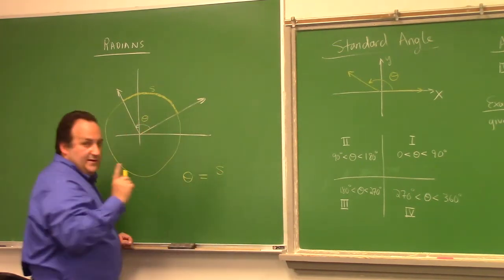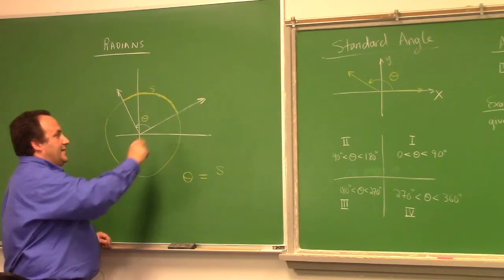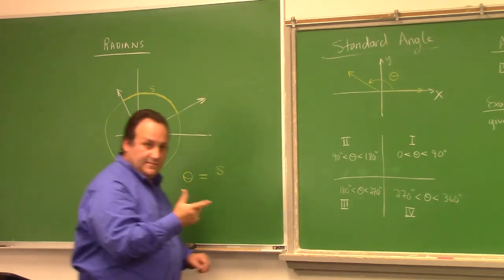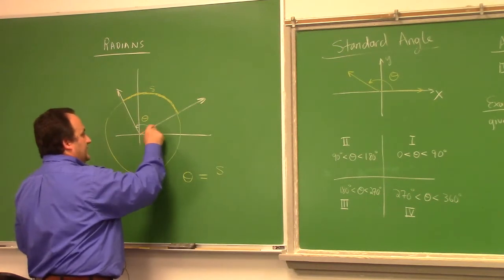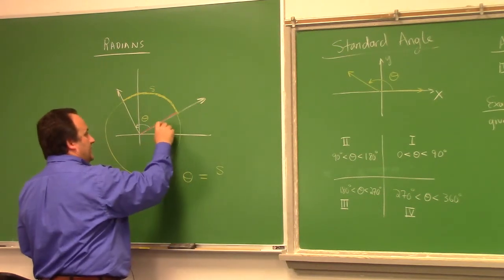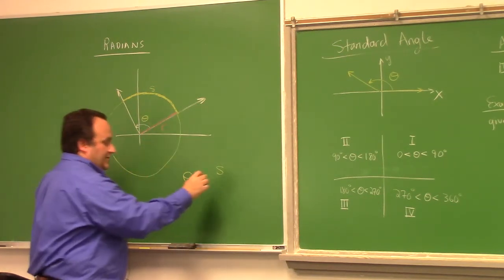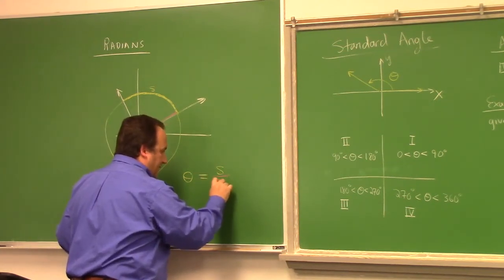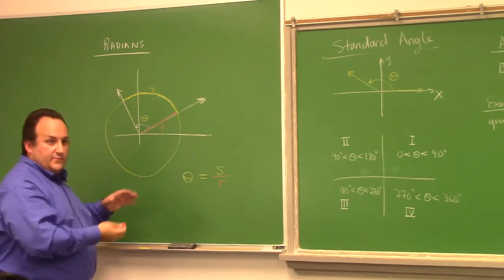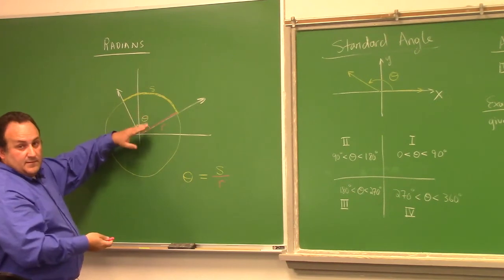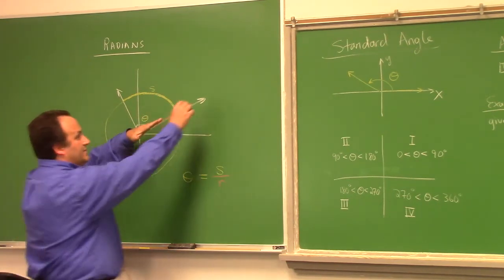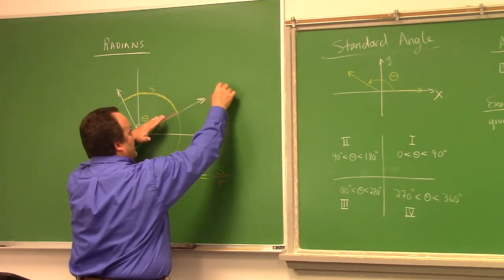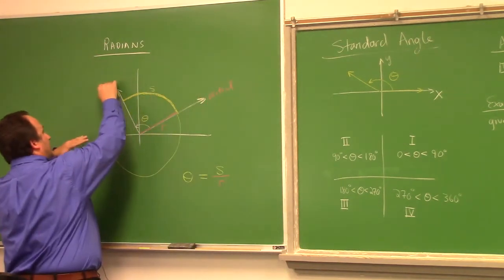So it's the arc length divided by the radius, which is this length right here. I'll use little r. So S over r gives you the radian measure of the angle going from this initial ray to this final terminal ray.